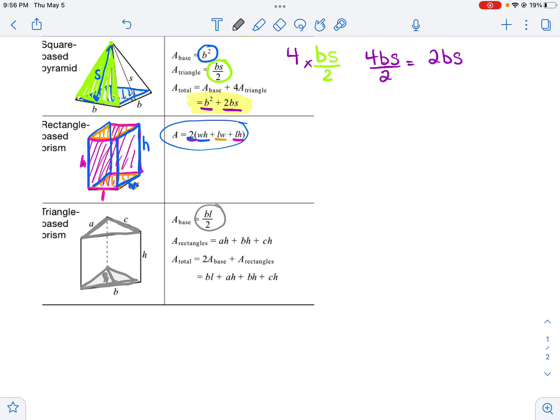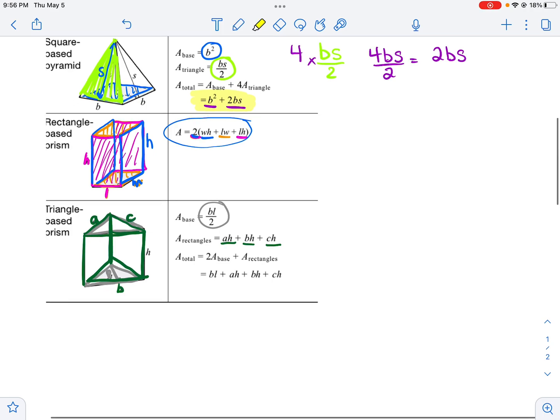And then on a triangular prism, we have 3 rectangles. We have this bottom one, we also have this one, and then we also have this one. So the 3 rectangles are A times H, B times H, and C times H, if you just label the sides A, C, and B.